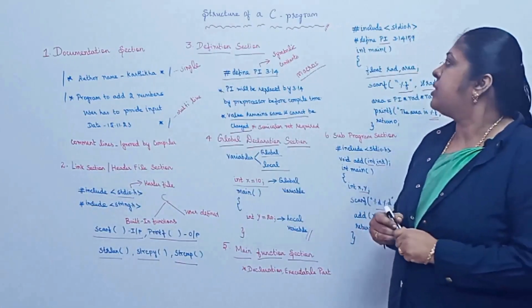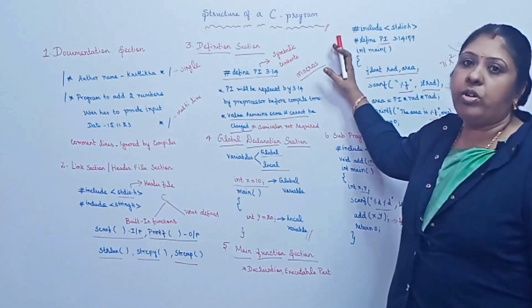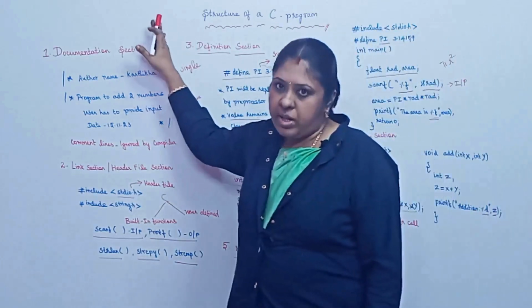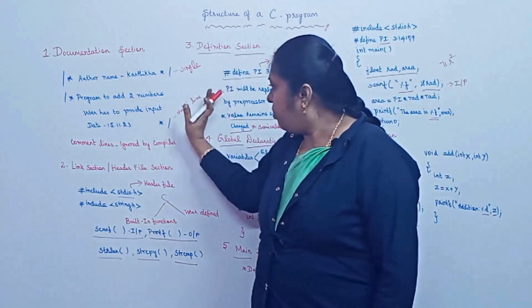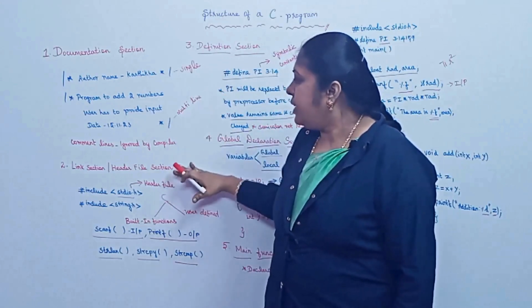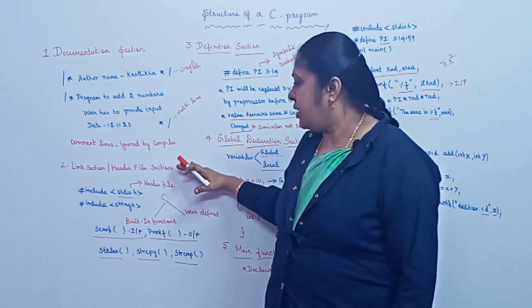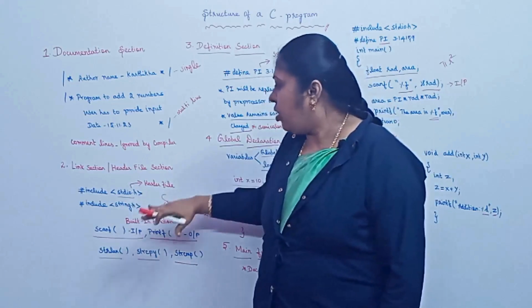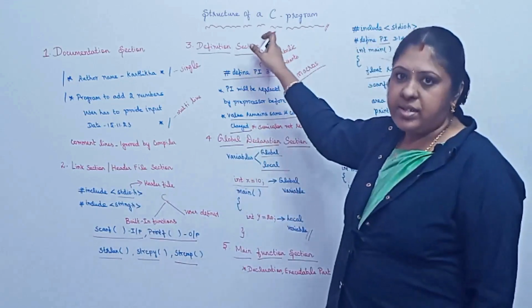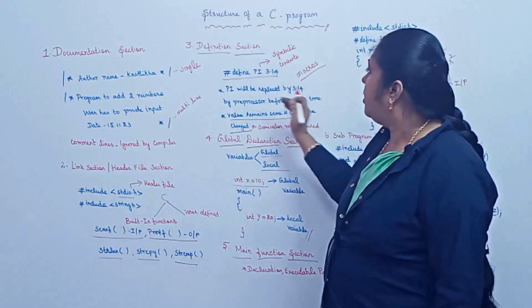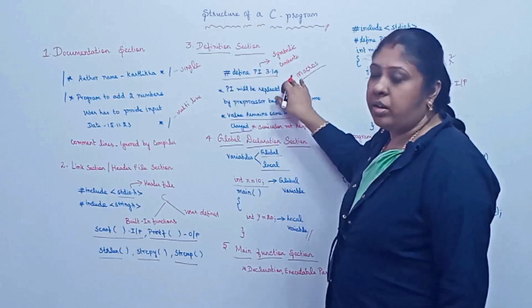Okay, today we discussed the structure of a C program, which includes the documentation section, which contains single or multiple comment lines, and then the link section and the header file section, which include stdio.h and string.h. And then the third one, the definition section, which defines symbolic constants.